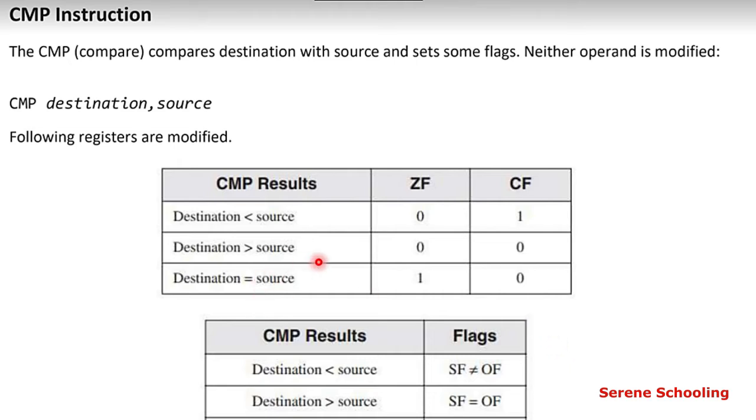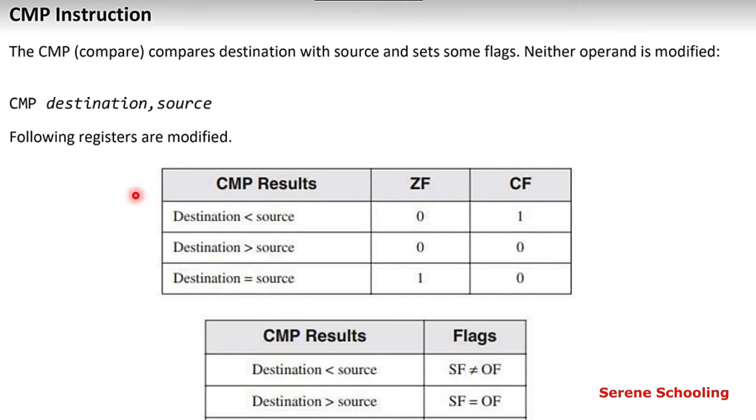The other possibility is that your destination is greater than your source. In that case, the zero flag is also going to be 0, because the zero flag is not affected either way. If it is greater, the zero flag has nothing to do with it. But why is the carry flag 0 and not set?